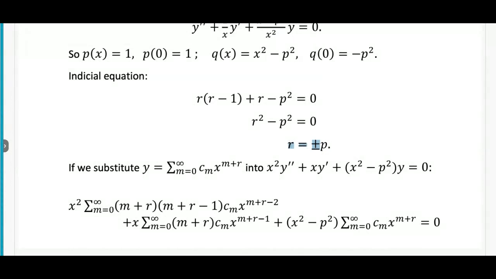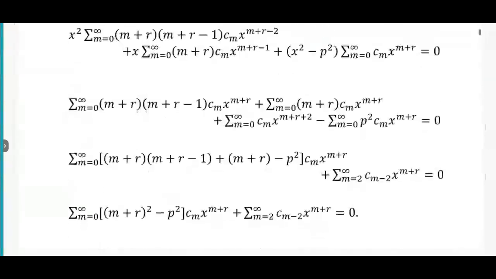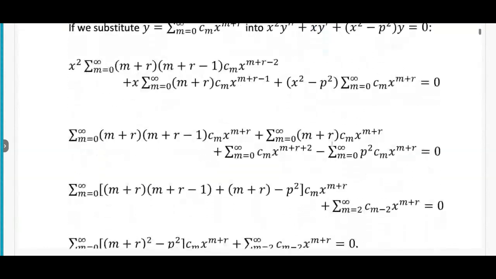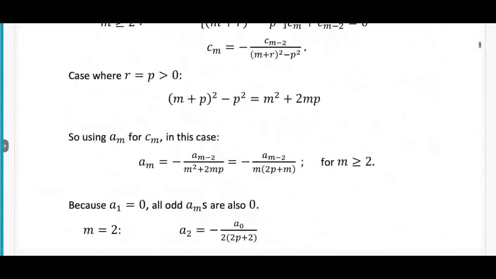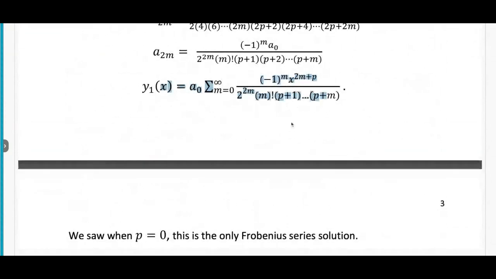Before we had r to be two different numbers, which could differ by a fraction or by an integer. Now, the indicial equation has two solutions that are additive inverses. So we get one solution as such.